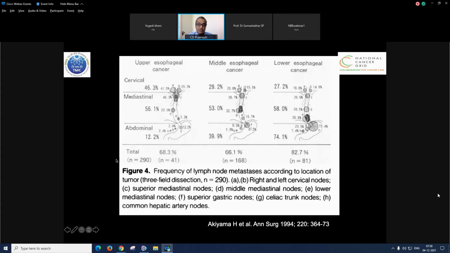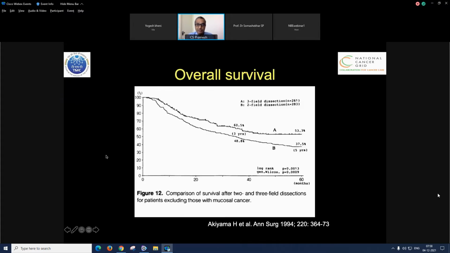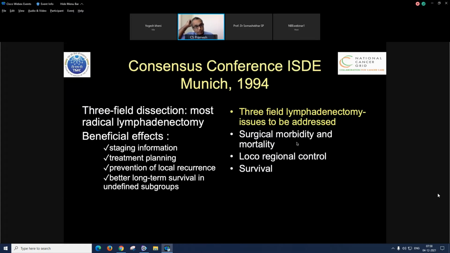Therefore, there was a strong rationale for doing a lymphadenectomy. The original paper from Akiyama showed almost a 12% difference in 3-year survival and a 16% difference in survival with a 3-field lymphadenectomy as compared to a 2-field lymphadenectomy. The 1994 consensus conference of the ISD said that there were 3 issues that needed to be addressed.